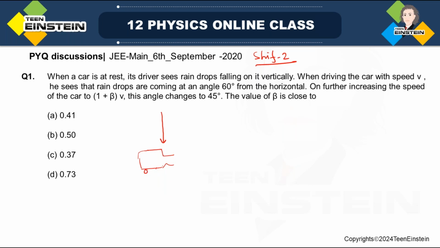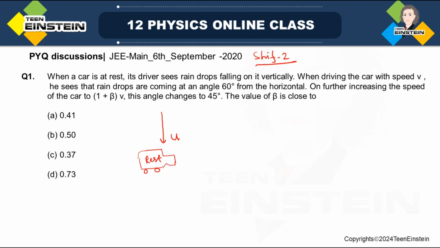So when it is at rest, the raindrop is falling vertically downward.